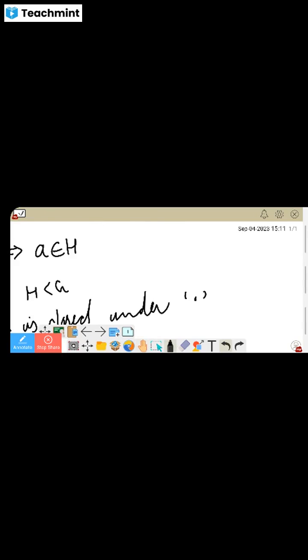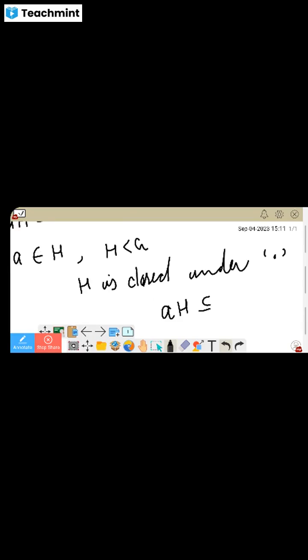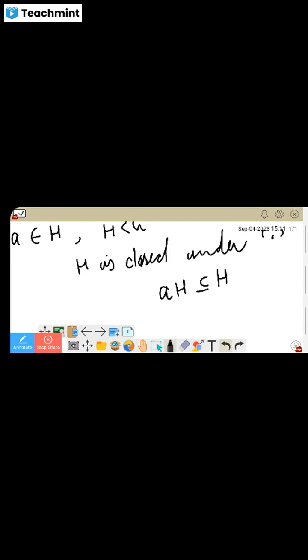And so A into H is also a subset of H, because any element of H operating with an element of G must be in H. This is a property of group and subgroup. We have done it already.